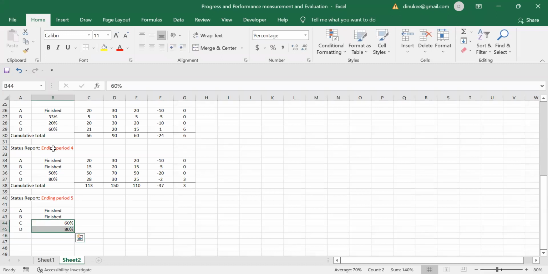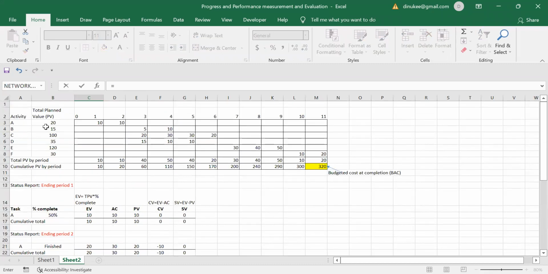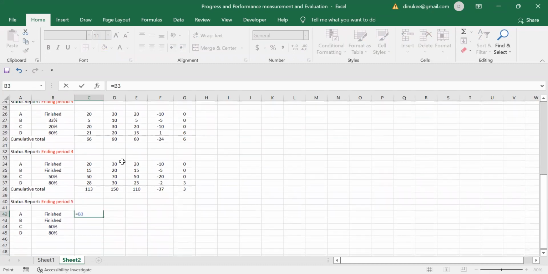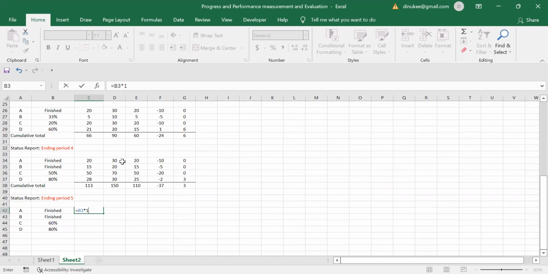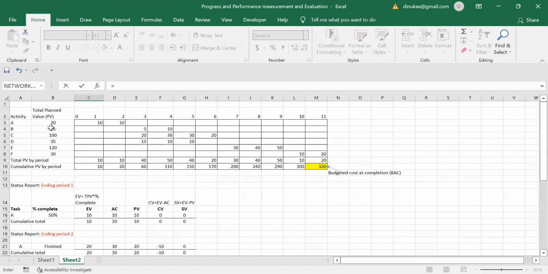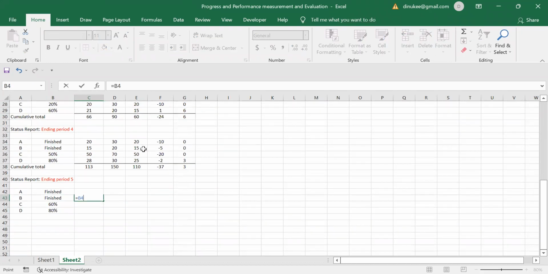So you can calculate the values now. 50% finished means getting that share of the total planned value. I think now it is clear for you how to calculate all these figures. So please calculate these things with me, right?